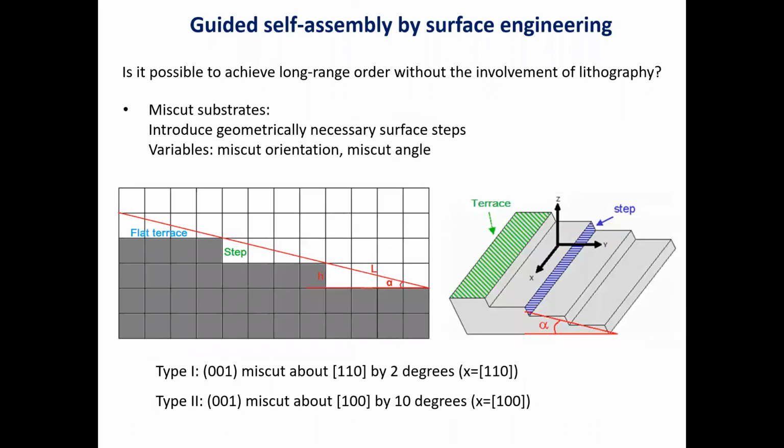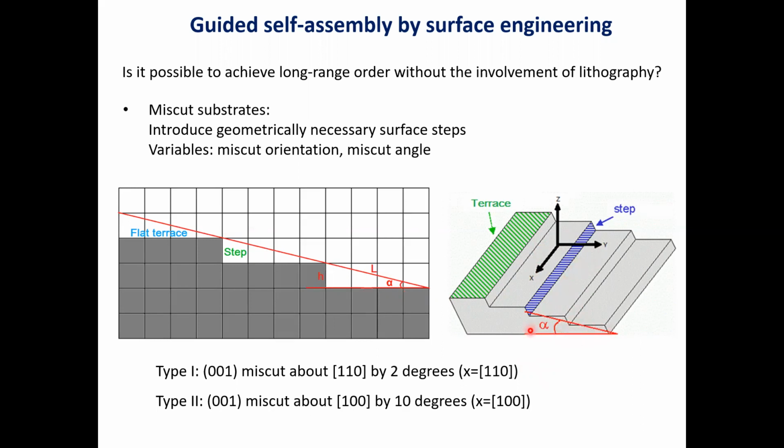Then we looked at the effect of the vicinal surface, that is, if you intentionally cut the substrate and create a miscut sample. We used two types of miscut samples. Type 1 was 001 YZ, miscut about the 110 axis by 2 degrees. You can see the miscut angle and orientations defined here.